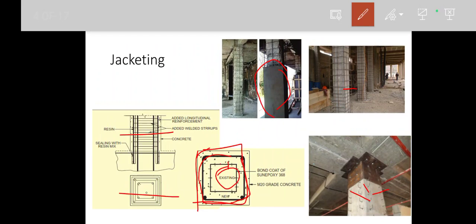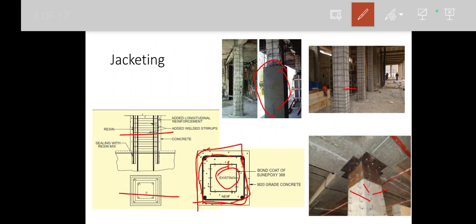But the main important thing is that we should know the detailing of the foundation, whether it is an isolated footing or combined footing, whatever footing we provided, we should also know the structural adequacy of that footing. Whatever the new reinforcement, the new load I am going to give, whether that load can be taken by the foundation or not.